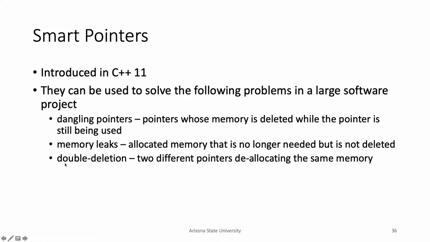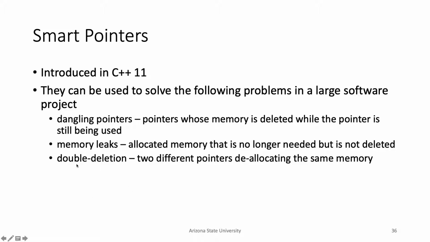Okay, so the thing I really wanted to get to is smart pointers. So what are smart pointers? I briefly mentioned it last time. What were the issues with new and delete that we had? Memory leaks and dangling pointers, right.